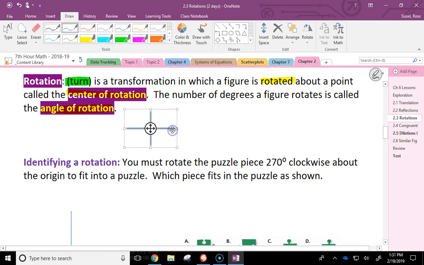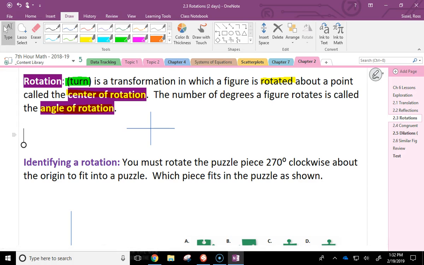First, we are going to discuss which direction we are turning. So, when I have a point here, and I turn this direction, I turn it to the right. That is called what? Well, it is the angle of rotation, but what do I say? We're turning which direction? Clockwise.